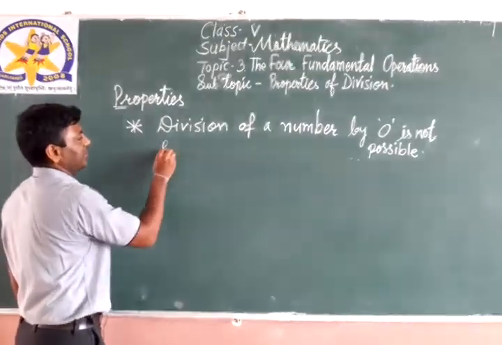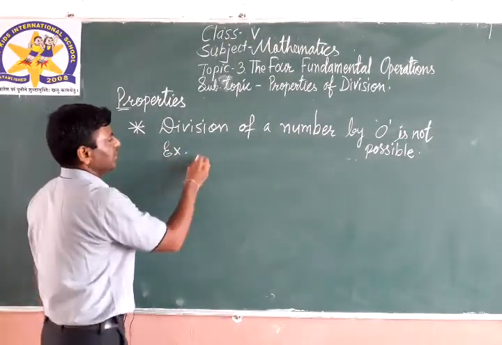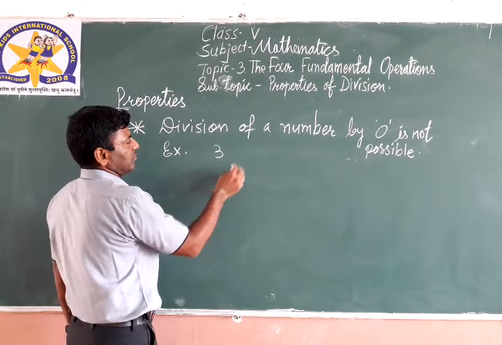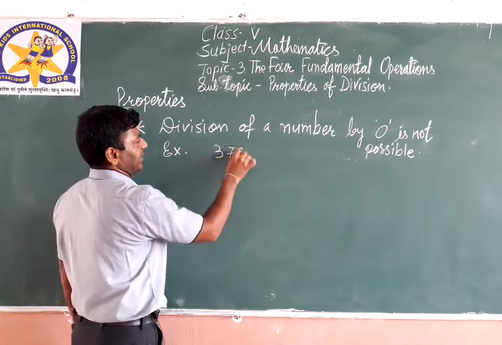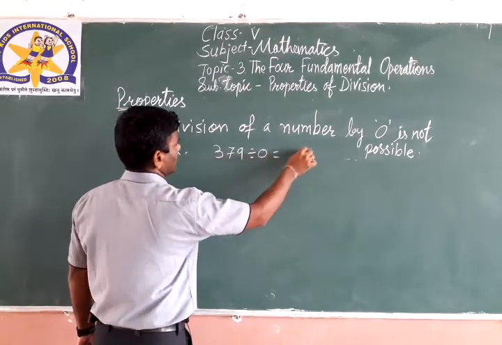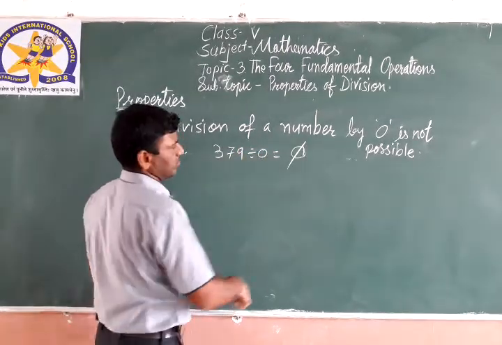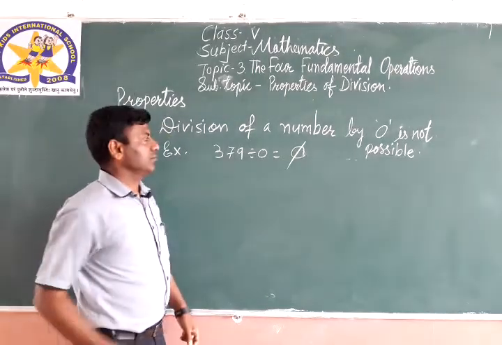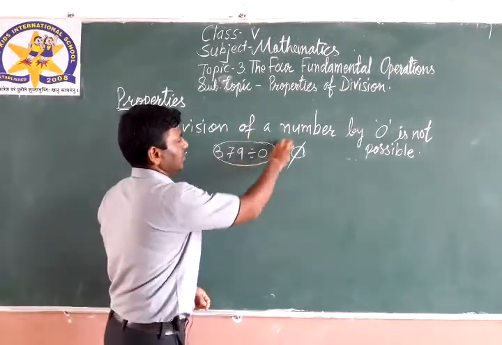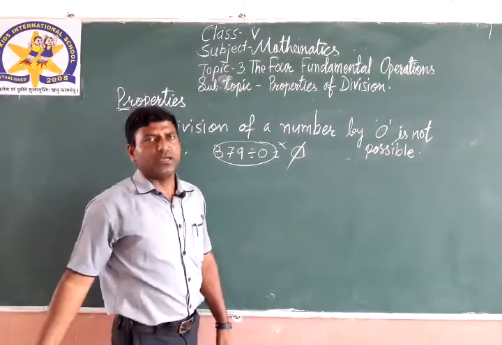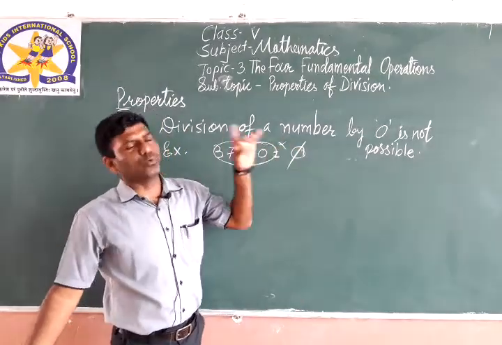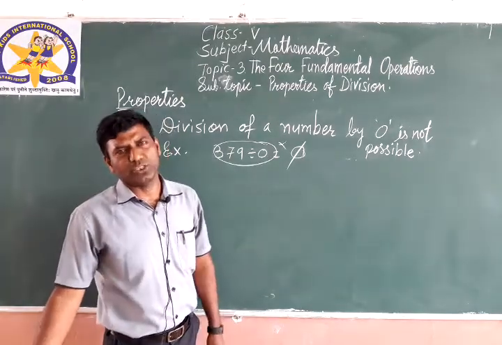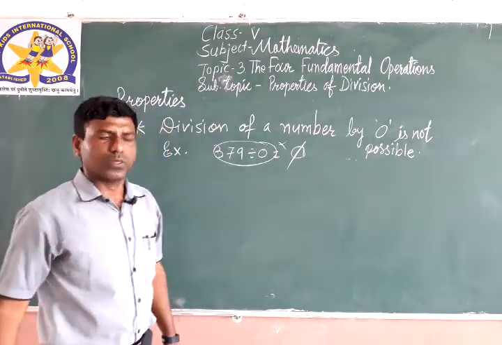Let's take an example, your idea will be clear. Suppose 379 divided by 0 is not possible. Understand? 6,39,403 divided by 0 also not possible. Got it?